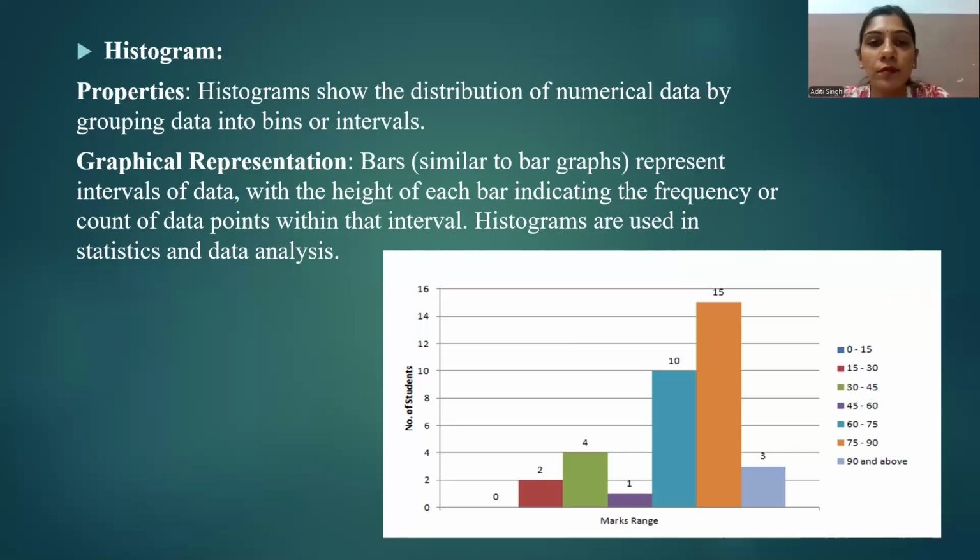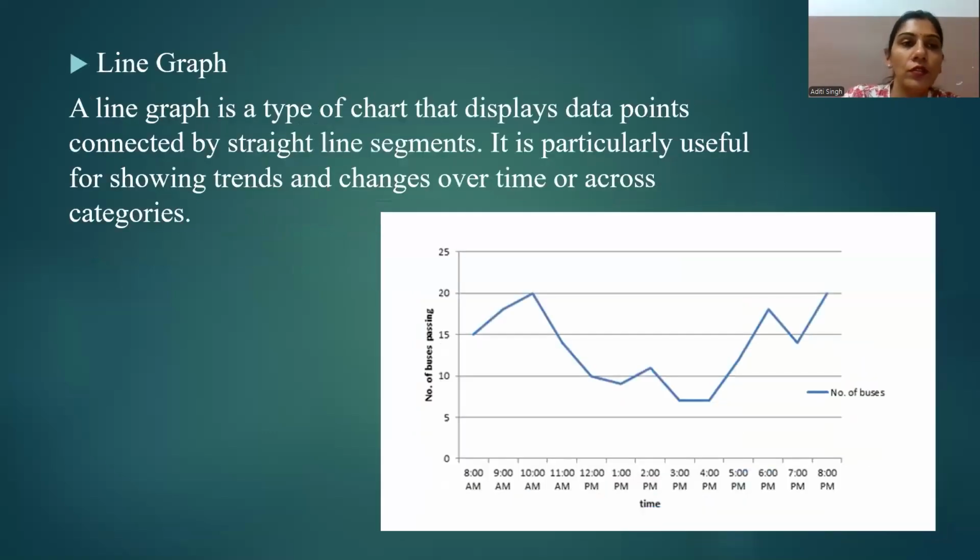Now let's come to the line graph. The next type of graphical representation is the line graph. A line graph is a type of chart which shows information when a series of data points is joined by a line, as we can see in this picture.